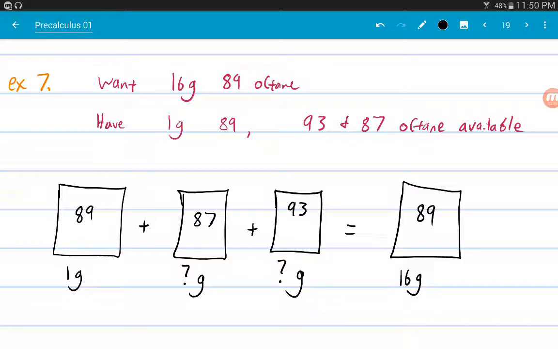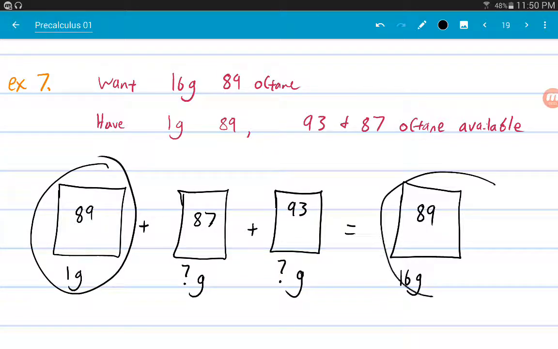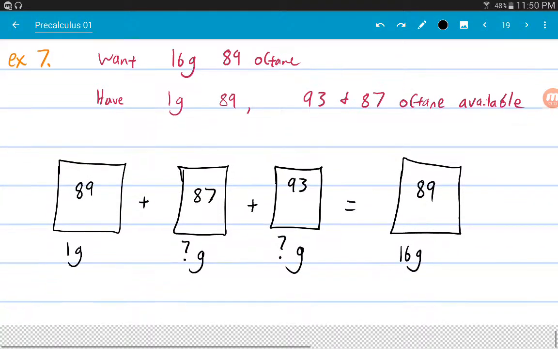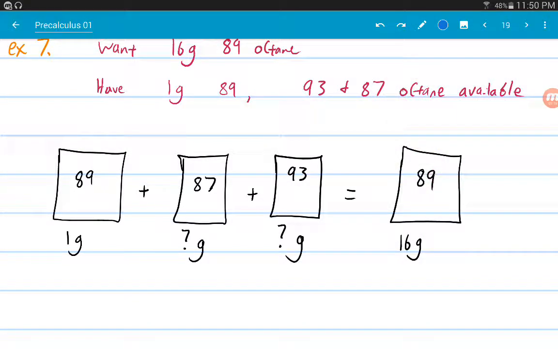Okay, so I've got this already. This is what I want, 16 gallons of 89 octane. Now, if I want 16 gallons and I have 1 gallon, that means that I have 15 gallons left. So between the two of these should add up to 15 gallons. So let's see.